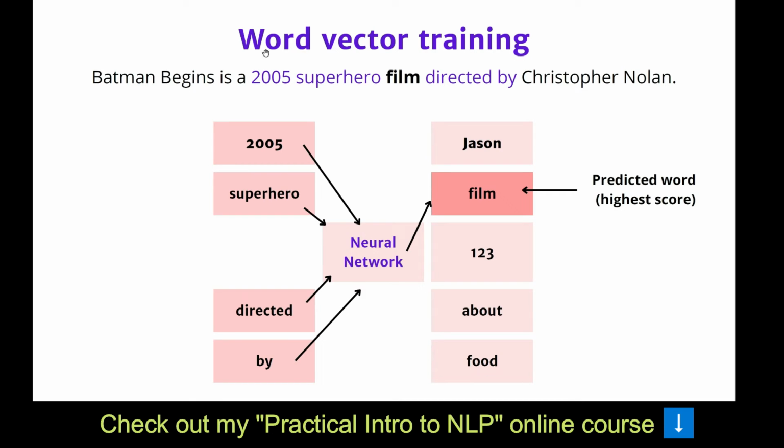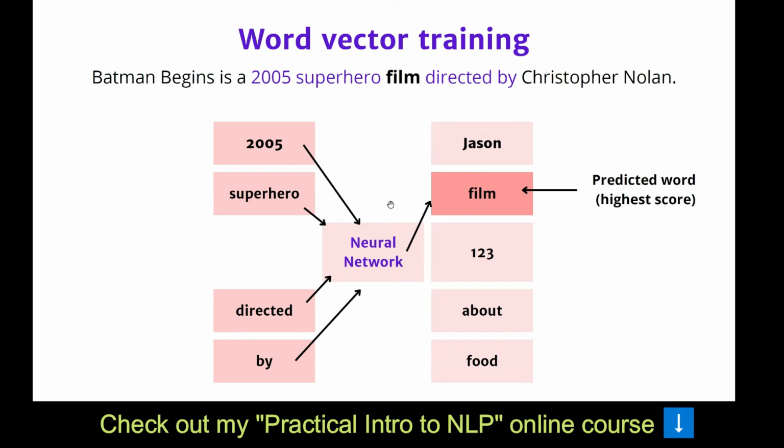we are going to collect the weight vectors of the last layer of the neural network that connects to film. So maybe there are 768 outputs at the very end that connect to film.